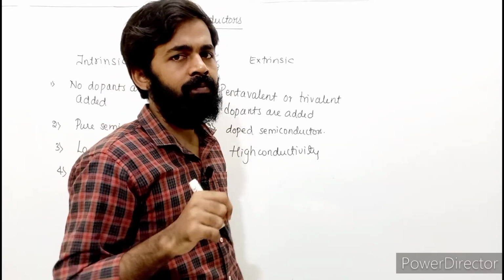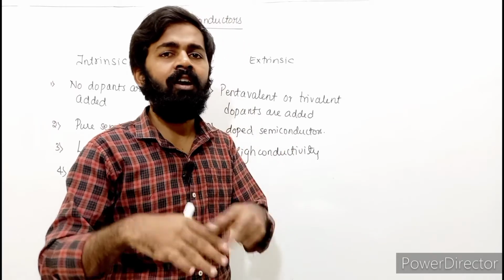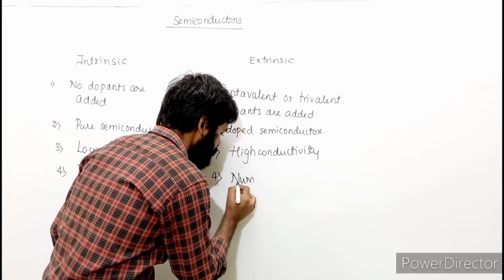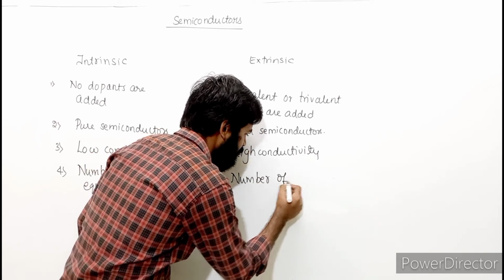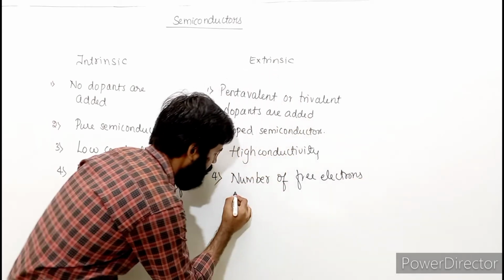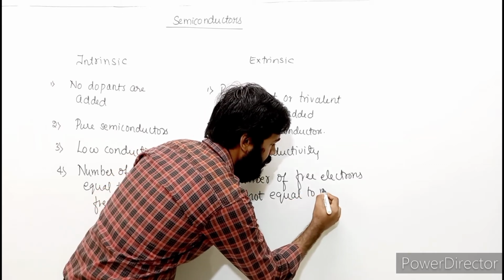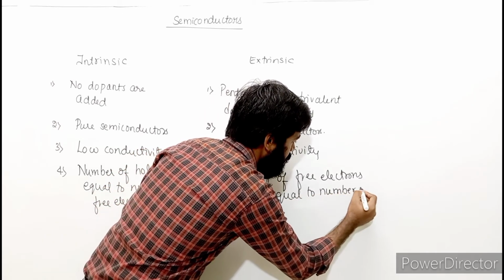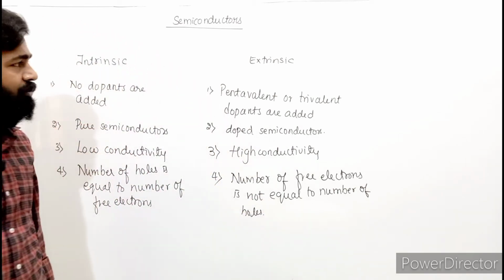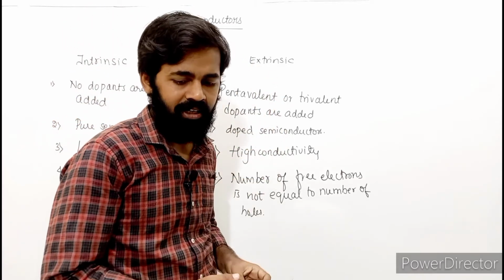In case of P-type, holes were more in number. It means the number of free electrons is not equal to the number of holes. Right. Now these are the differences between intrinsic and extrinsic semiconductors.